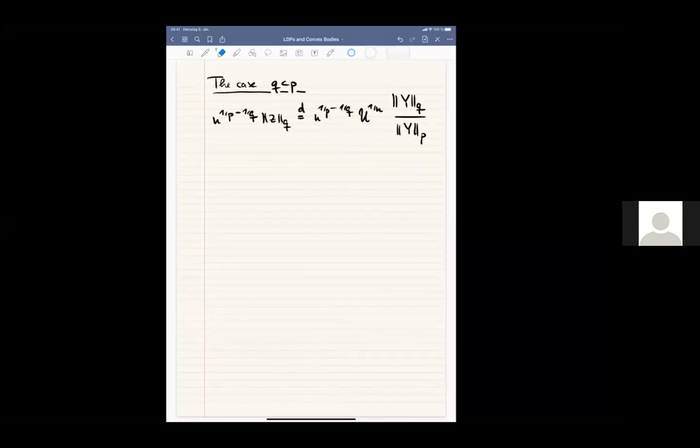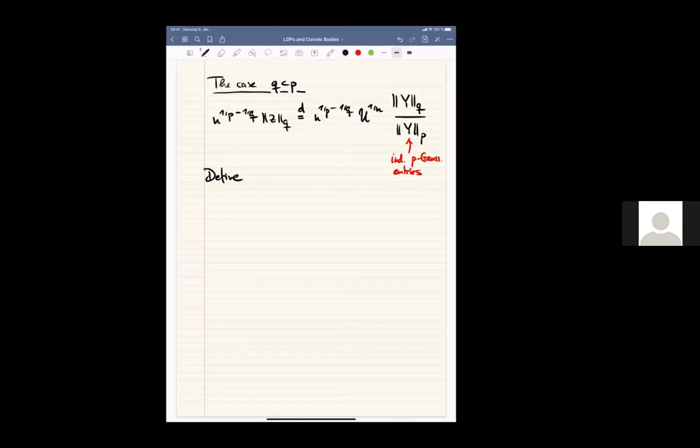And remember, y was our vector of p-generalized Gaussian entries, so it has independent p-Gaussian entries. This follows from the Schechtman-Zinn probabilistic representation.